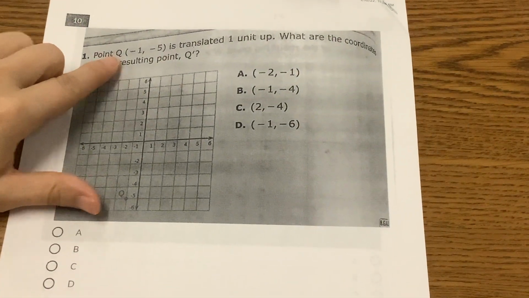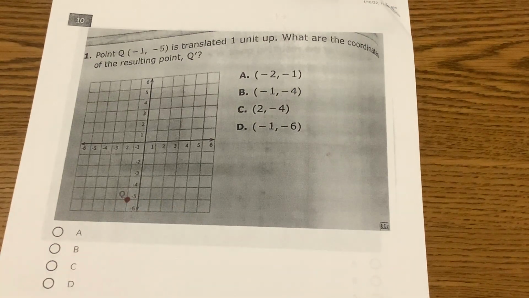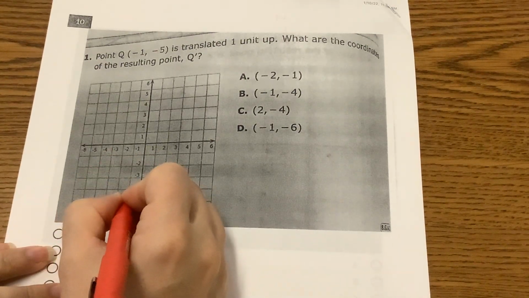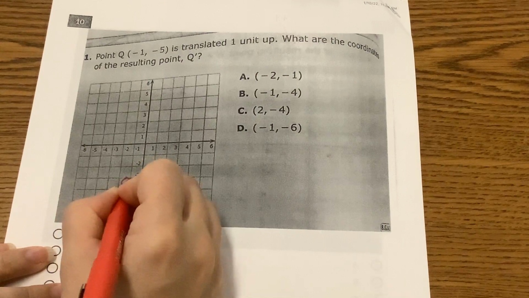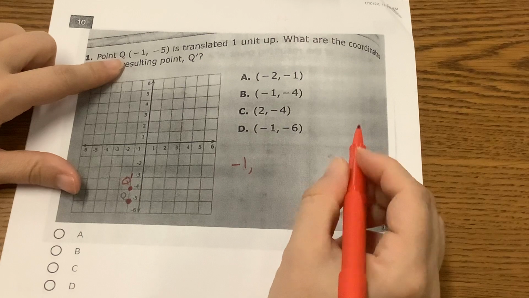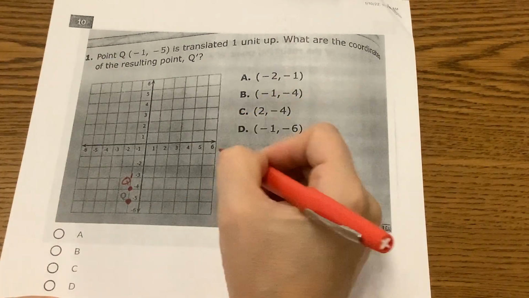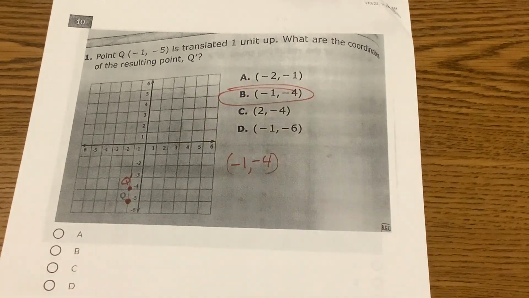And number 10, figure Q, -1, -5, that's right here, is translated 1 unit up. Now if we're going up, that means that we're adding to the y value. So it's -1, and what's -5 plus 1? -4. So that's going to be B.